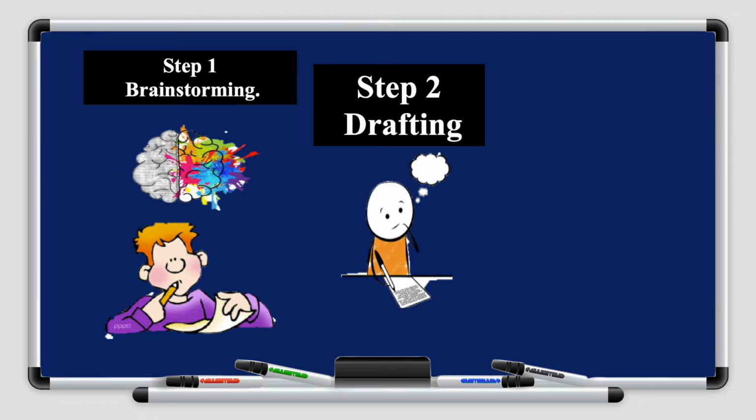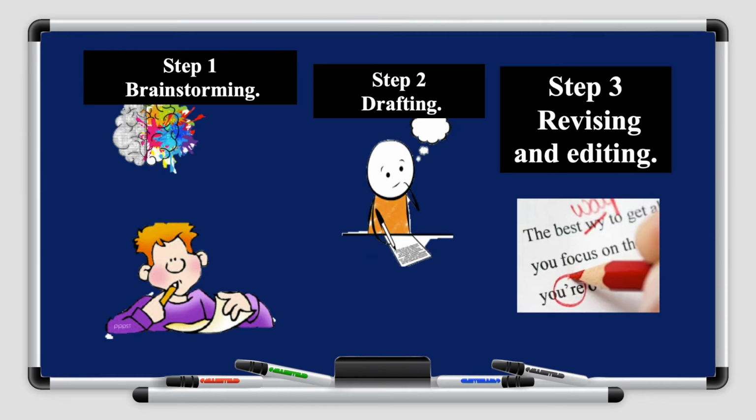And then I have my drafting process, where I write all the ideas in my graphic organizer into sentences. And then the final step is when I check my grammar using the CUPS strategy. So I will check for capital letters, full stops, punctuation, and all the ideas, are they all coherent? So here I will do it in the revising and the editing process.